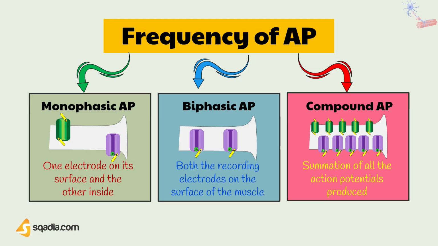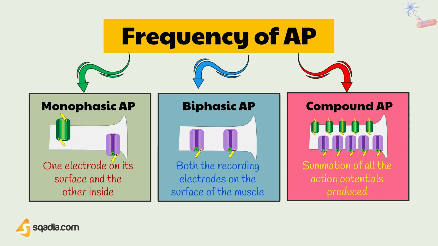Abnormal action potential can lead to several diseases, so that's why the measurement of action potential is important. And that's why we have talked about the frequency of action potential here as well. That was all about the skeletal muscle's action potential.